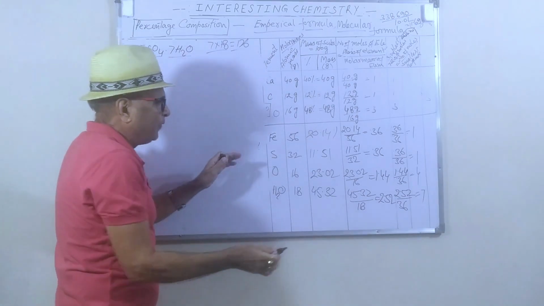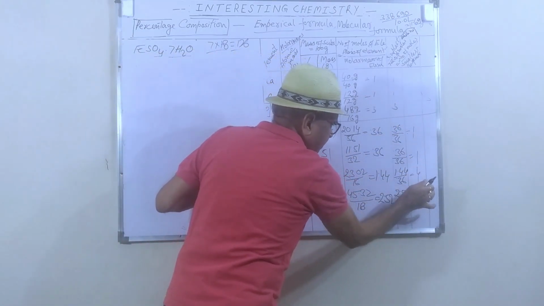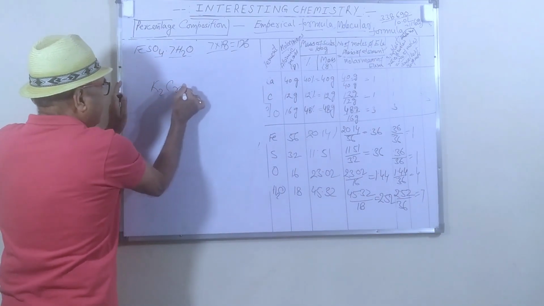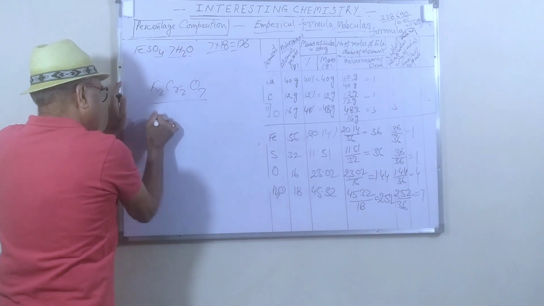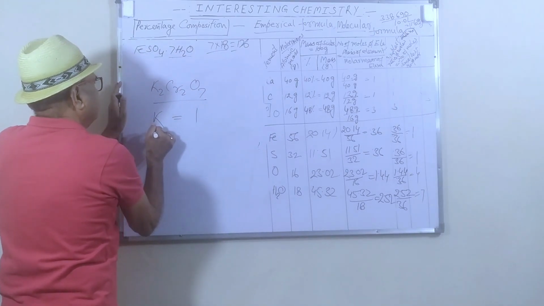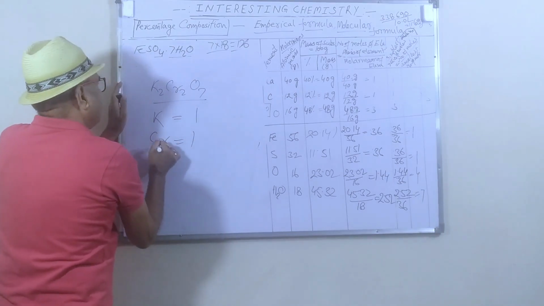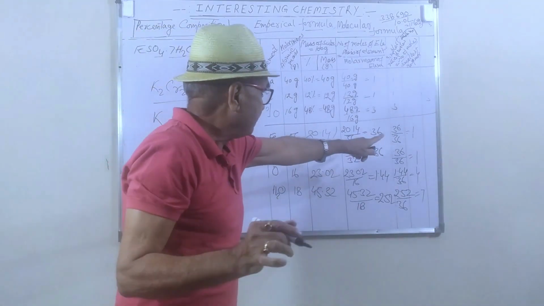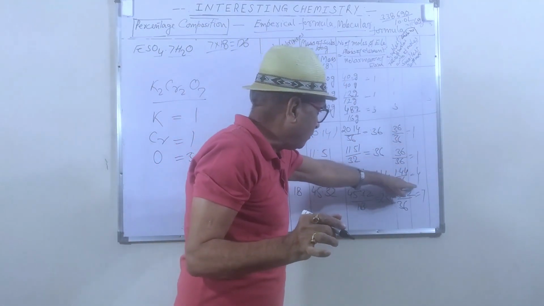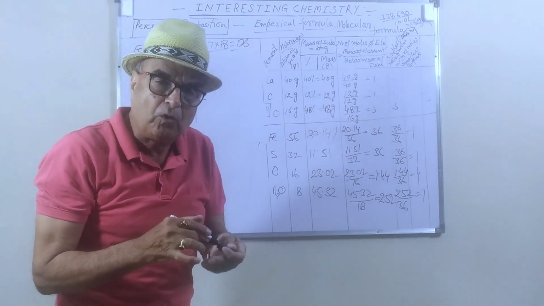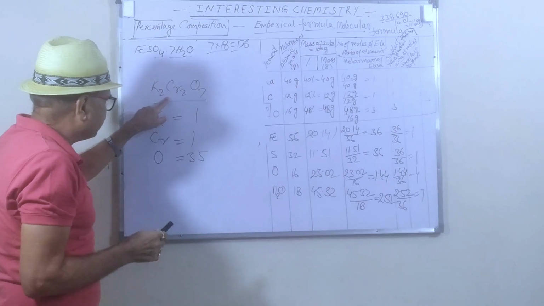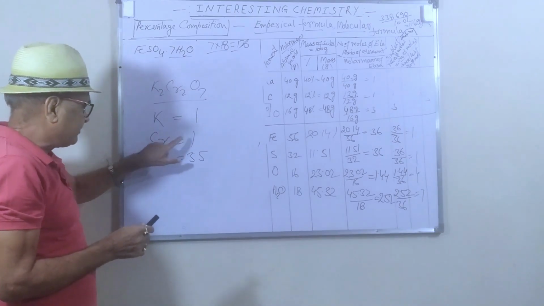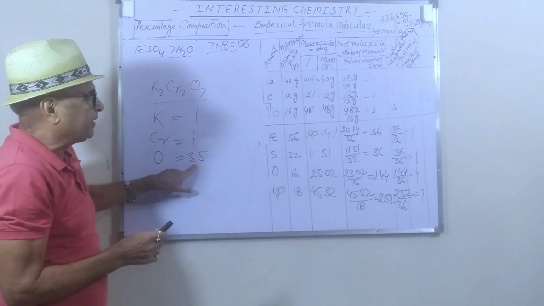Simple whole number means when you get a ratio like 1, 1, 3.5, suppose for the case of potassium dichromate, K2Cr2O7, you will find here K is equal to 1, Cr is equal to 1, and O is equal to 3.5, which is not a whole number.